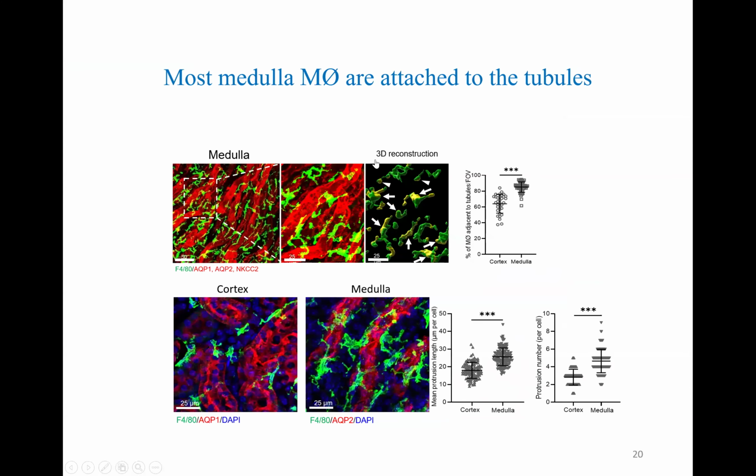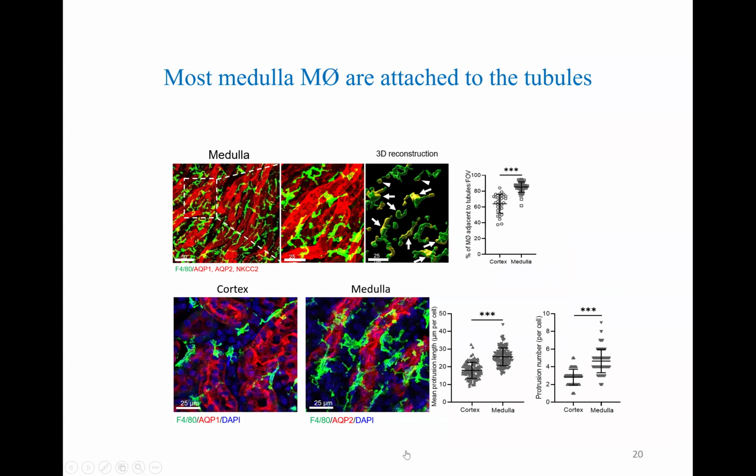Interestingly, most macrophages in the medulla took residence on the tubules, and high resolution revealed a soma-attached, very close attached phenotype. These macrophages also had a morphology like microglia, with multiple long protrusions, which was not observed in the cortex macrophage and other tissue macrophages, a very unique phenotype.